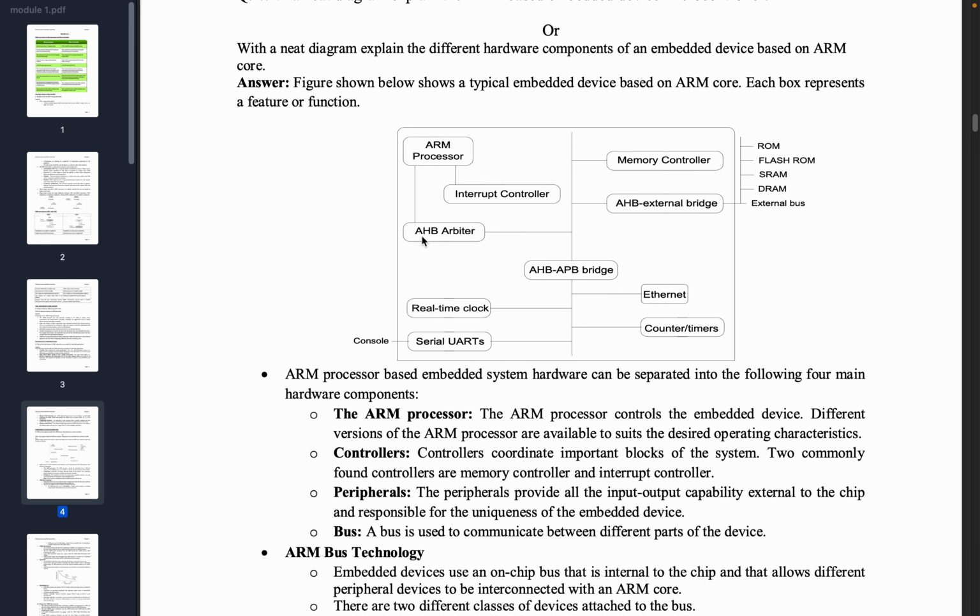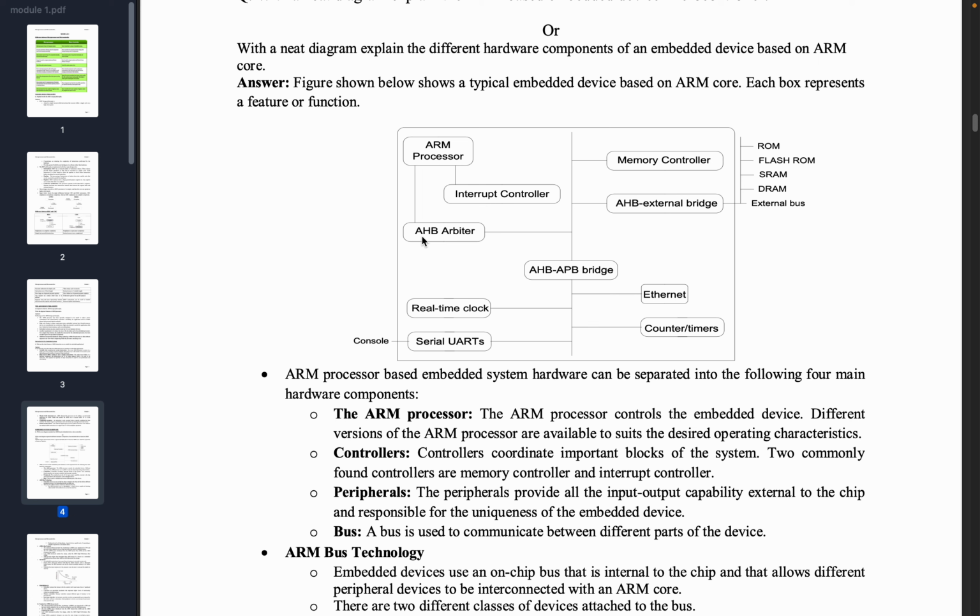Bus, you have to write as well. The ARM processor means the processor that controls the embedded system. Different versions of ARM processors are available, and these are operating characteristics that can be used to control the embedded system. Then controllers: the word itself tells what they are. Controllers are an important block of a system, commonly the memory controller and the interrupt controller.